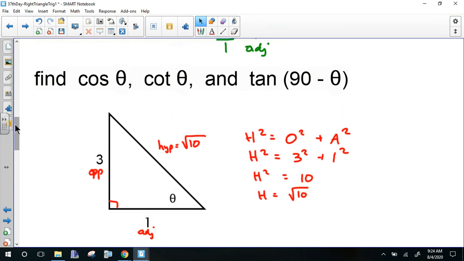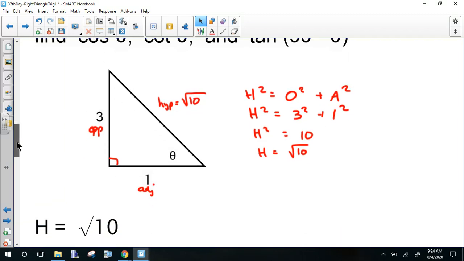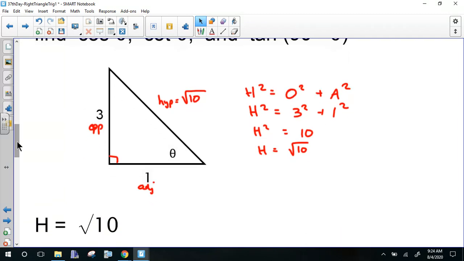Then I have to find tangent of 90 minus theta. Well, 90 minus theta is this angle right here. Okay? So I need to switch my opposite and adjacent because I'm now looking from this angle. So when I do that, this becomes opposite.